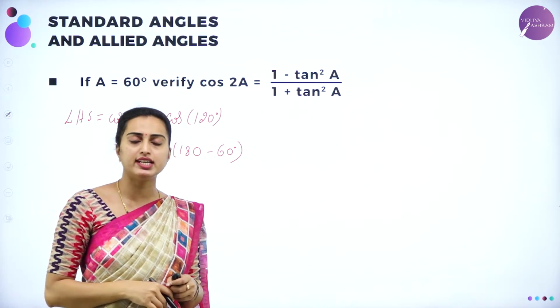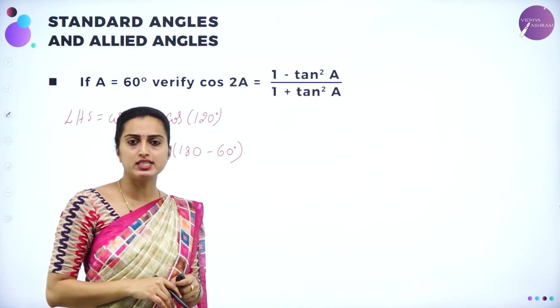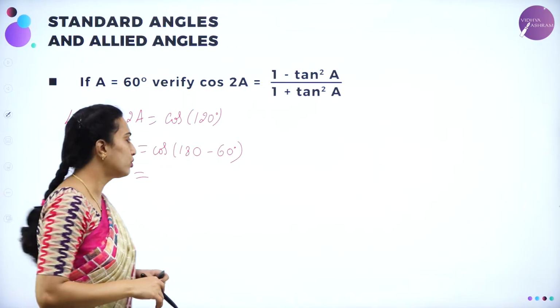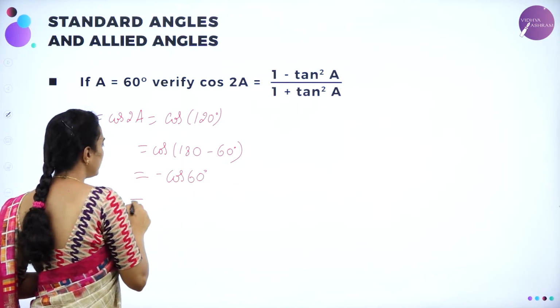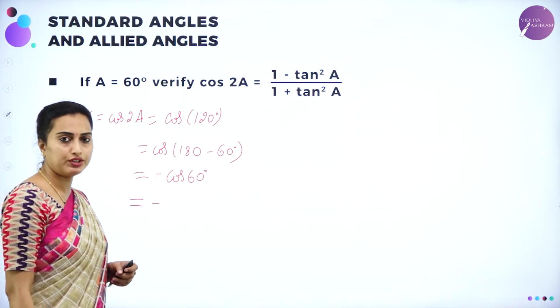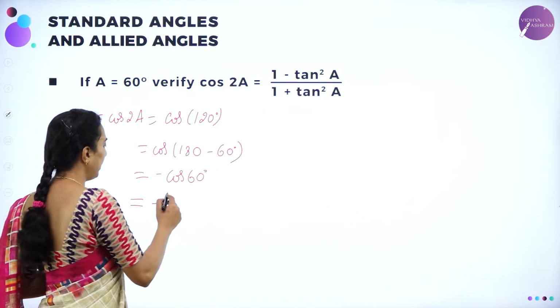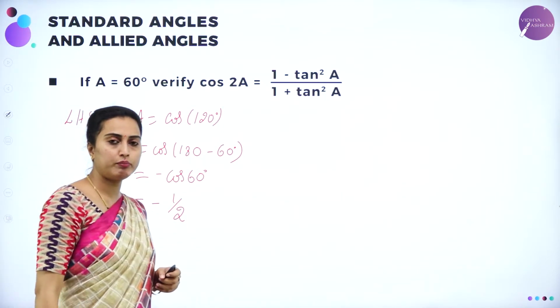In 180 minus theta, cos will be cos only, but in the second quadrant, cos takes the sign negative. So therefore, minus cos 60 degrees. The value of cos 60 degrees is 1 by 2, so it is minus 1 by 2.